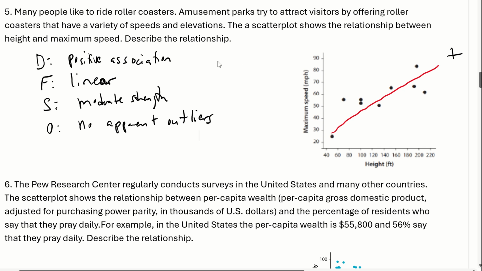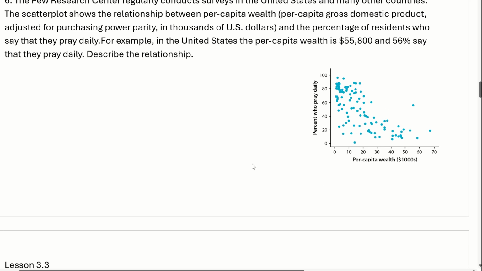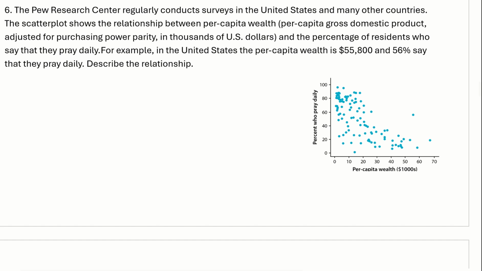Okay, all right, so there's an example, and then we've got one more example here. This one actually looks kind of curved, but it's kind of weak, right? Because the points are kind of scattered and far away from it. So I would consider that maybe weak to moderate, but more on the weak side because of these outliers, and these points are very far away from it.